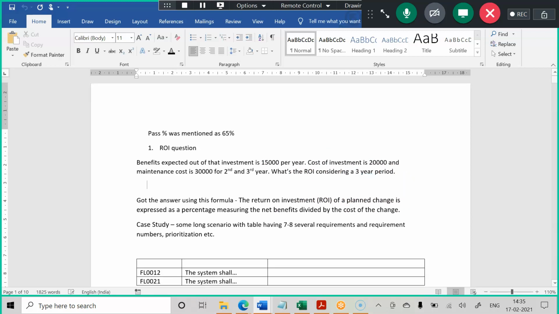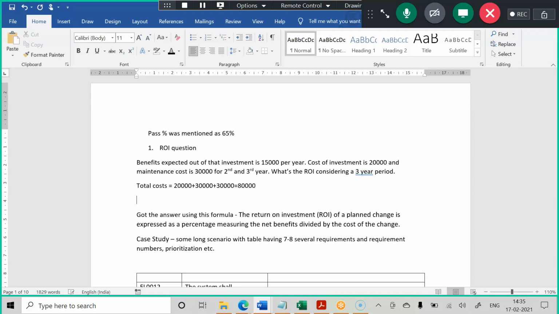So when you calculate total costs, that would be 20,000 cost of investment plus maintenance cost for second and third year. So 20,000 plus 30,000 plus 30,000. So that will be your total costs, 80,000.